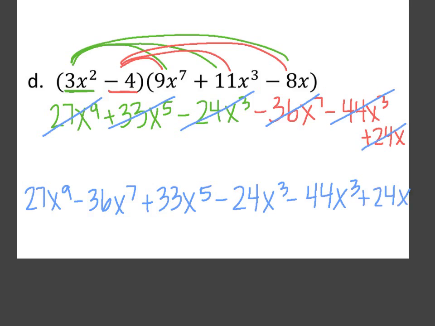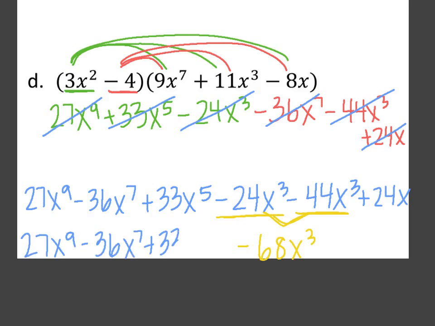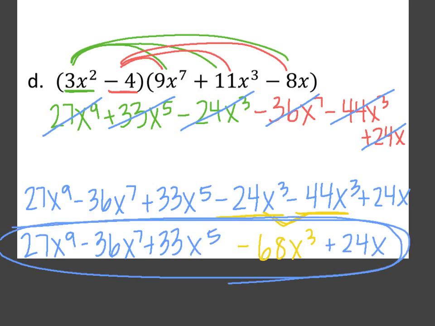As I look through my standard form, I notice that I have 2 terms that have the same exponent. Now the great thing about this is I can use my skills from adding and subtracting, and I can combine these 2 terms to simplify my expression even further. So negative 24 plus negative 44 would give me negative 68 x to the power 3. And all of my other terms are just going to come straight down. And this would be my final simplified and expanded polynomial.